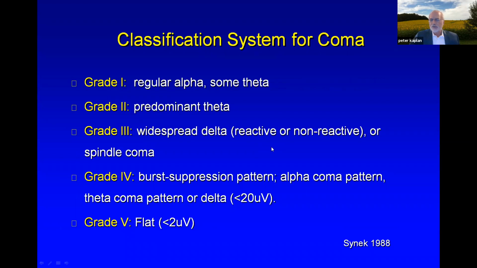The classification for coma, there are several. The Canadian group has done one, but CINEC is perhaps the most widely accepted, where it's been graded into these 5 gradations, and this has been looked at specifically with the etiology of anoxia, because that's the one we're most interested in prognosticating. Why?